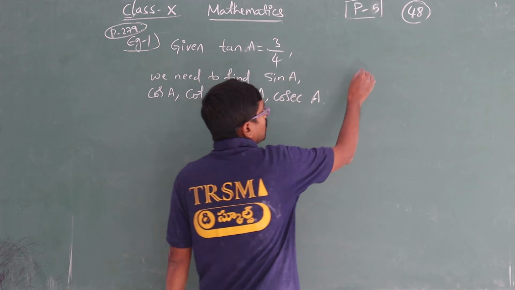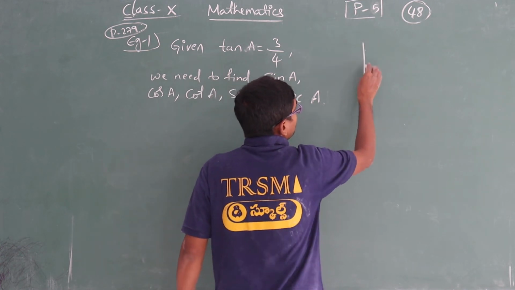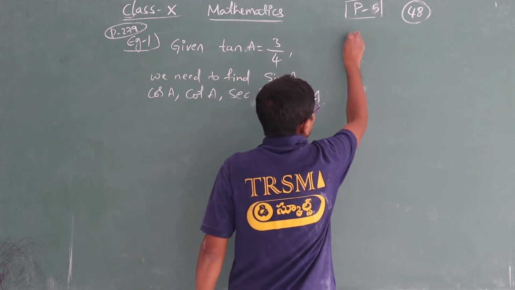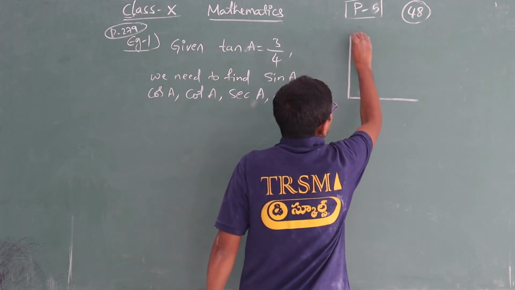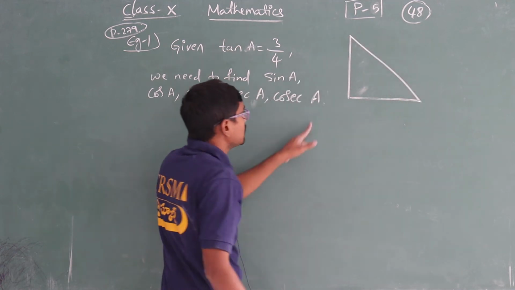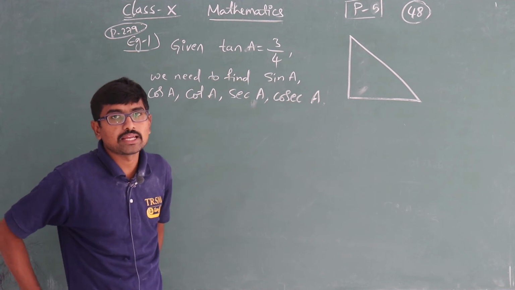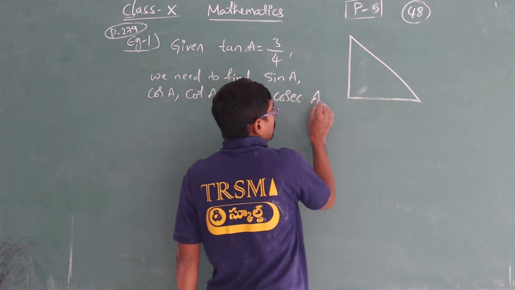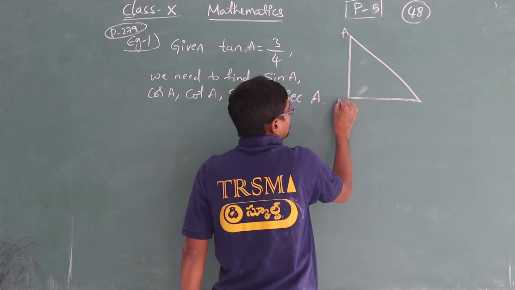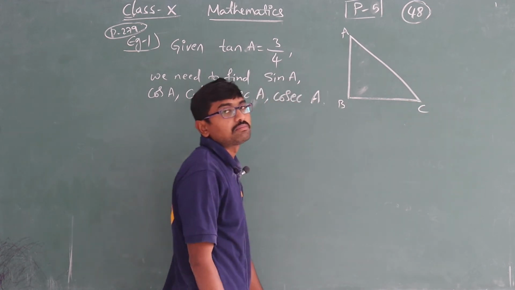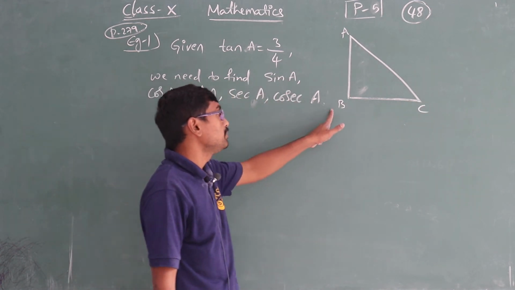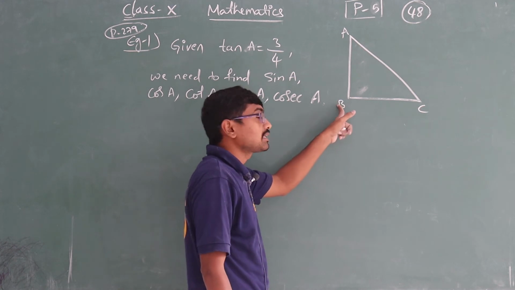First we will draw a right angle triangle here. Since the acute angle is at A, we are taking right angle triangle ABC, with A here, B here and C here. He didn't mention the right angle, so I can take it at B or C, but I can't take it at A. Why?